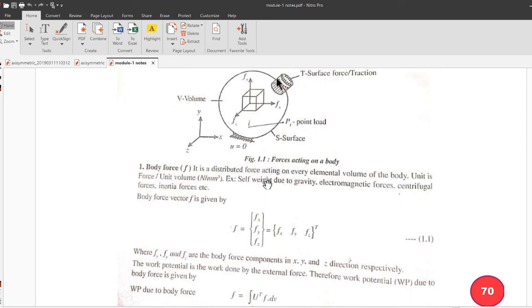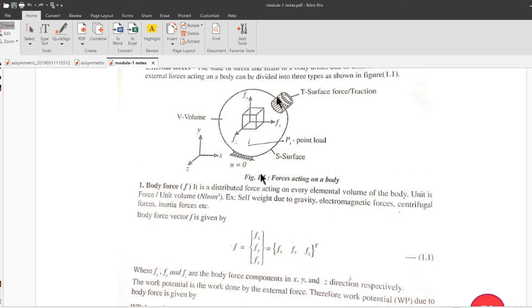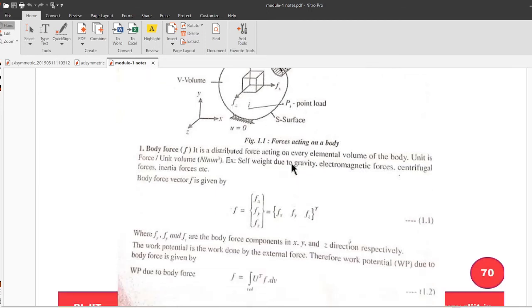What does body force mean? The force which is acting on the entire volume of the body. Examples: self weight, electromagnetic force, centrifugal force, inertia force. It is acting with respect to the volume, that is known as body force. Fx, Fy, Fz along the three directions. So now we derive the potential function for this.